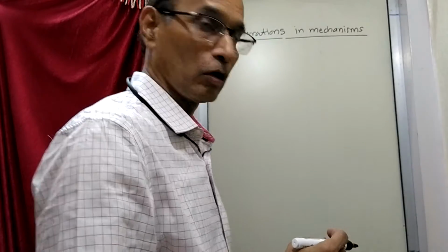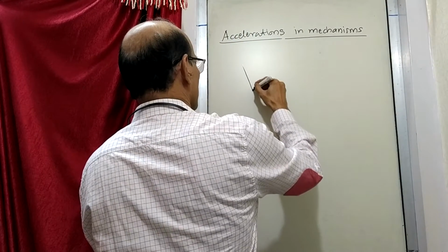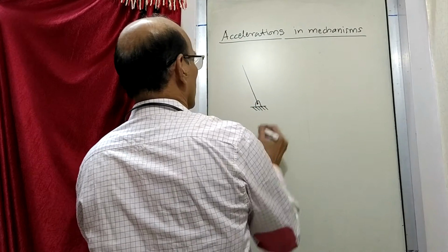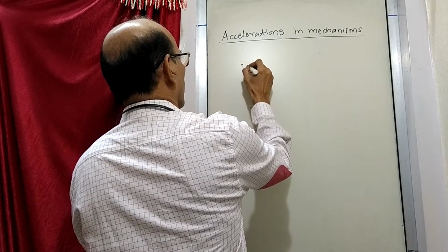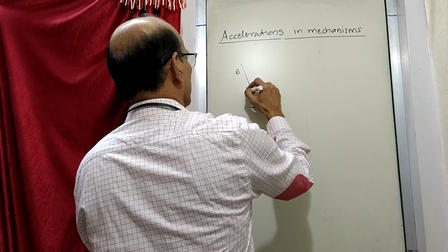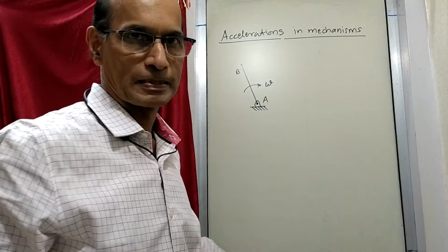Okay, so now let us take the example of one link like this. Now there is point A here, there is point B here, and this is rotating with a certain angular velocity like this.